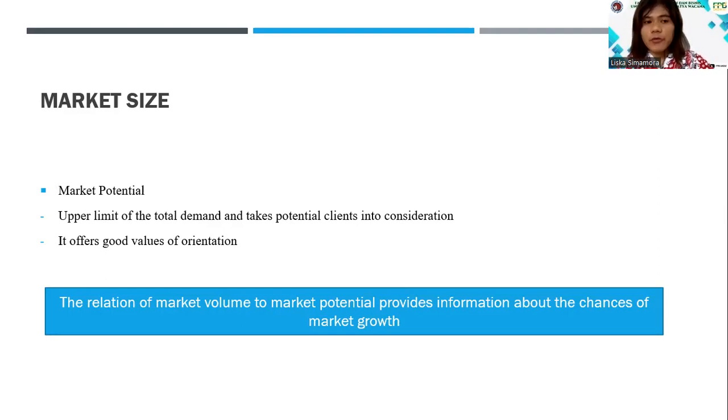For example, if we analyze the market volume very well, we know how many units we are going to produce and how long we are going to produce them. For example, if there is an increase of demand for white jasmine flower because of a religious ceremony celebration, it means we only focus on producing the particular number.